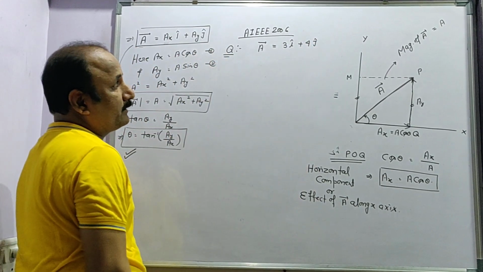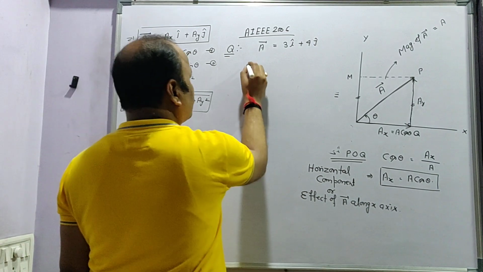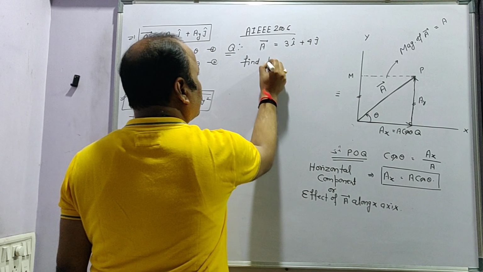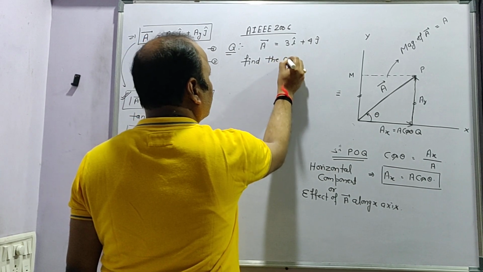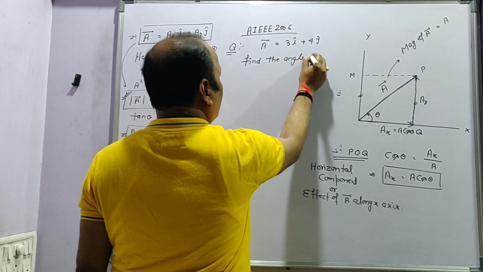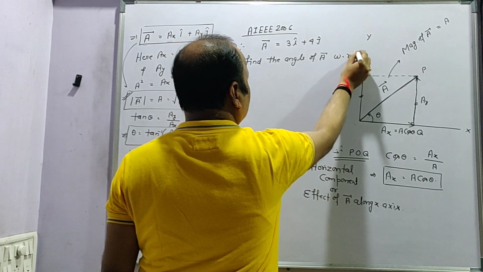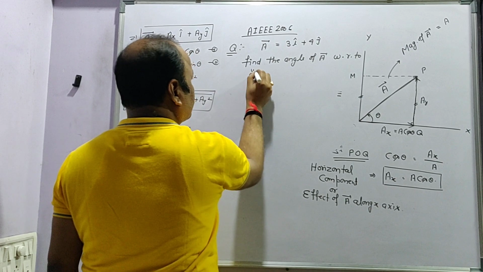A vector is given, that is 3 i cap plus 4 j cap. The question is, find the angle of vector A with respect to y axis.